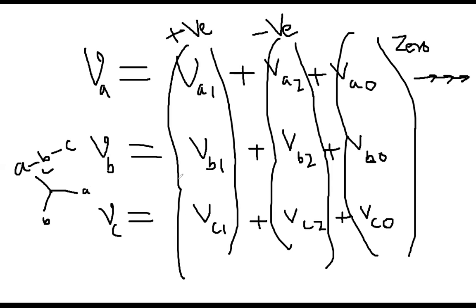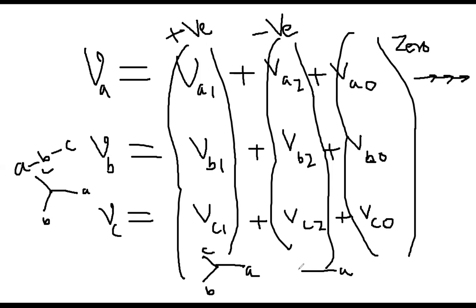But this positive set has the same sequence as the original three-phase unbalanced system. This is A, this is B, this is C. The middle set, 2, 2, 2, is a three-phase balanced system, but the phase sequence is ACB.